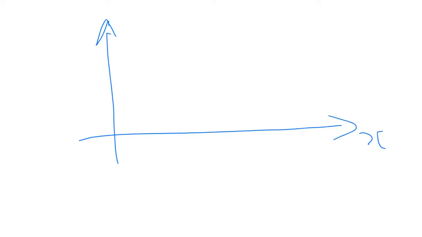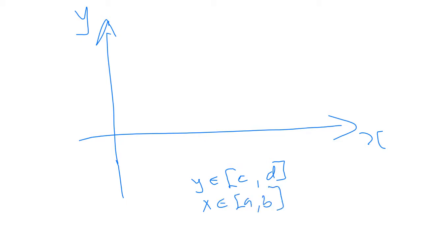So let me go to the whiteboard. We have our XY plane. We then say we want to define y to be an element of c, d, and x to be an element of a, b.